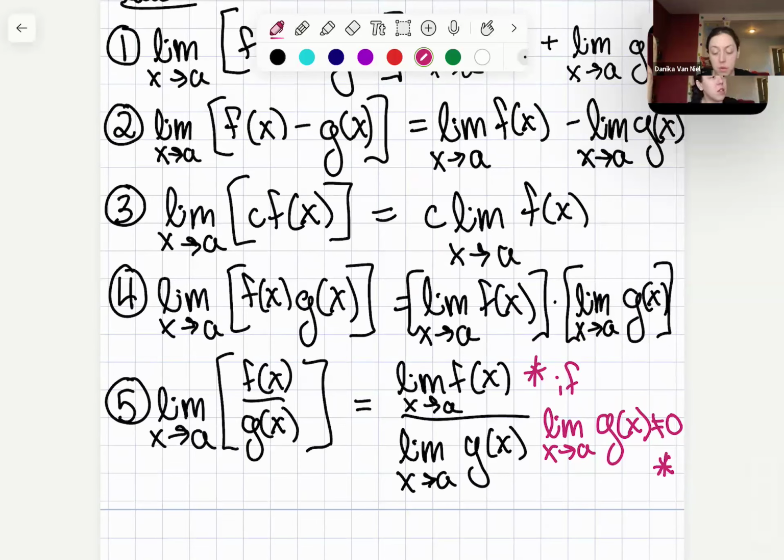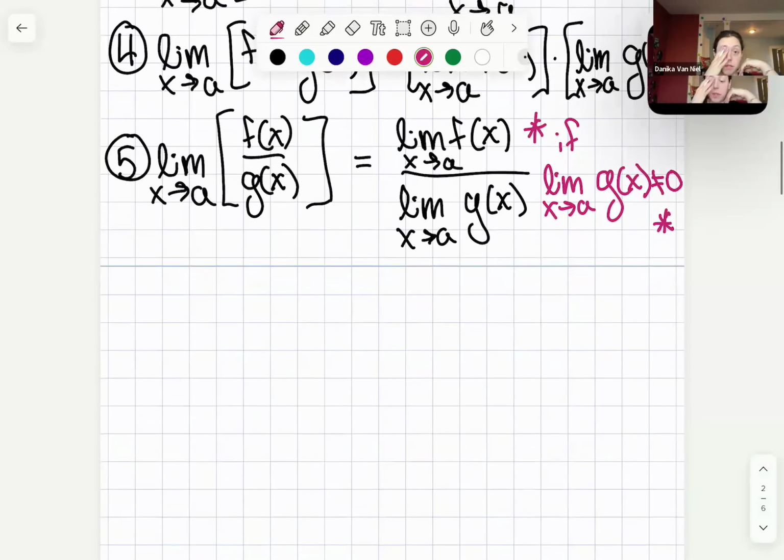But then I also don't want to accidentally divide by 0, right? That'd be a big problem. So I need both the limits to exist, and I need the limit of my denominator to not be 0. That's really, really important, in order to split.